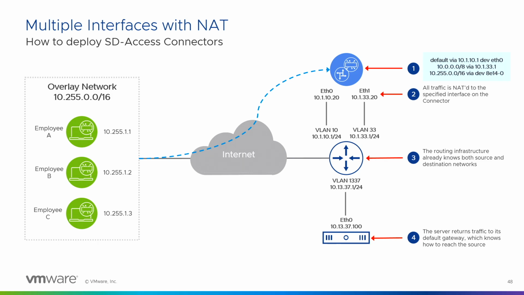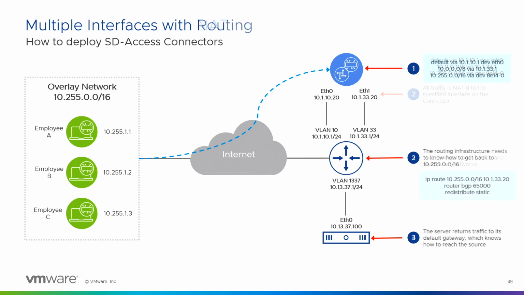That's all you have to do. And then with the routed environment, it's more or less the same as I talked about previously, a combination of two slides. The routing infrastructure needs to know how to get back to it, and the host Linux OS needs to know how to make that left-right decision in terms of internet or private LAN traffic.